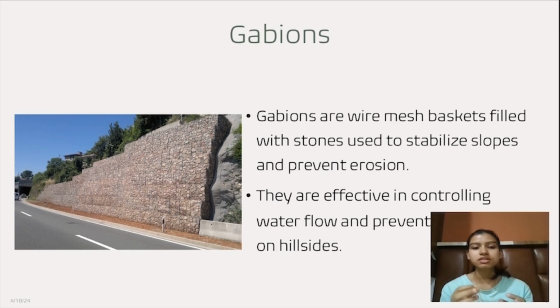If there is rainfall, the water easily passes through the stones, and erosion is prevented for any planting above. With water passing properly through the stones, landslides in hill areas are also prevented.